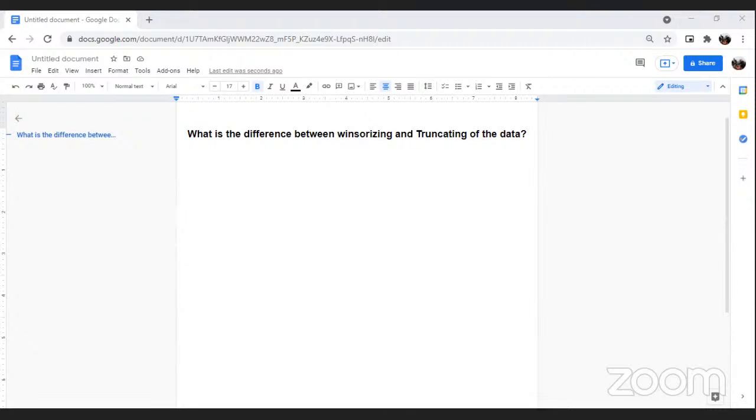Well, these are the steps that are involved in exploratory data analysis. Absolutely right, Priyanka. You're right.